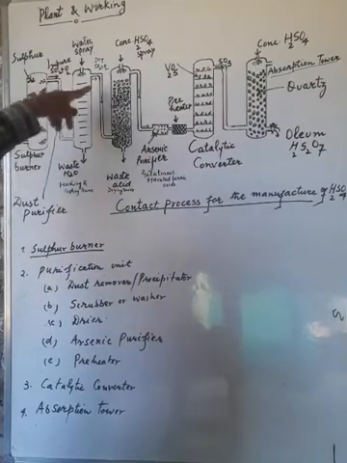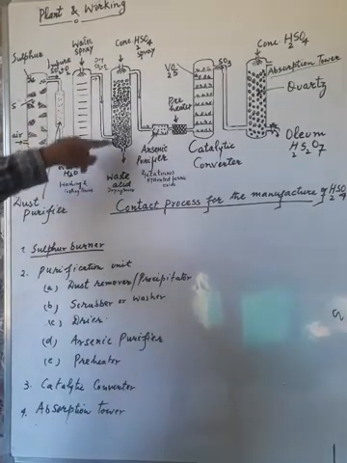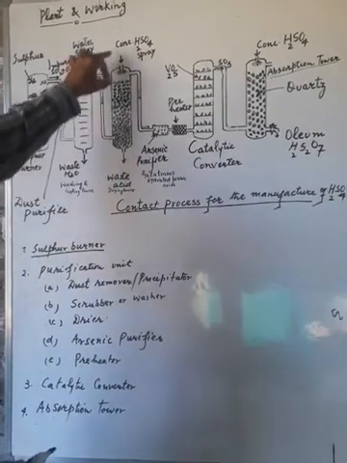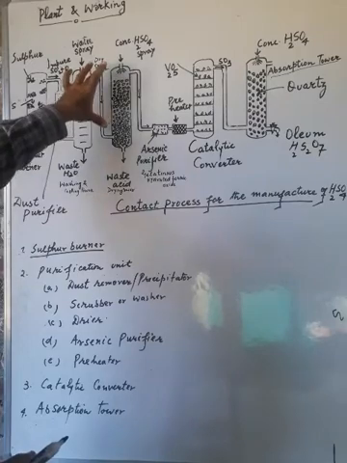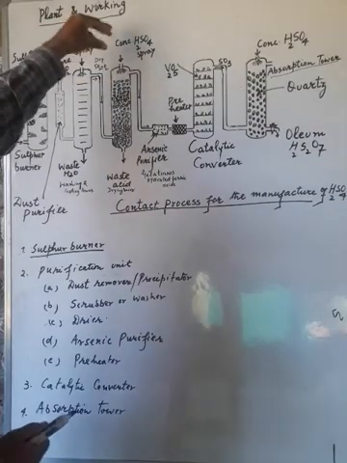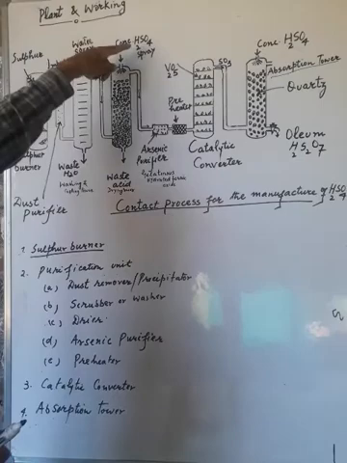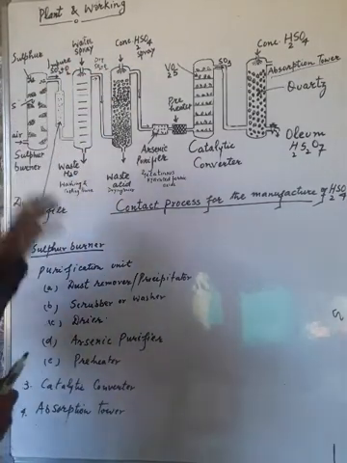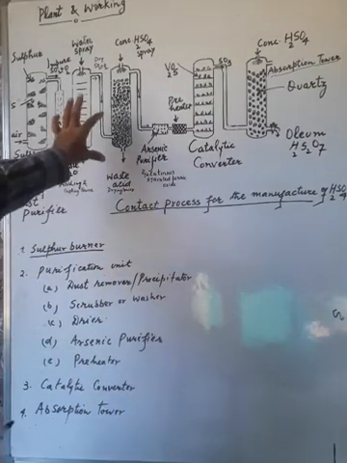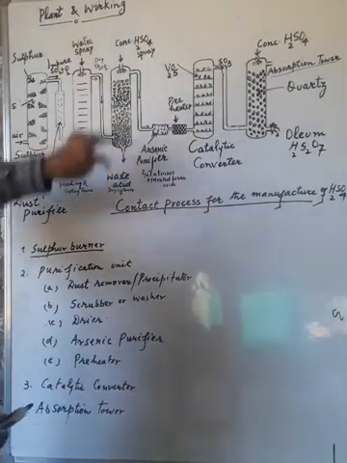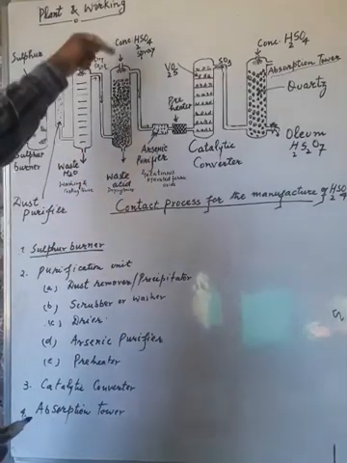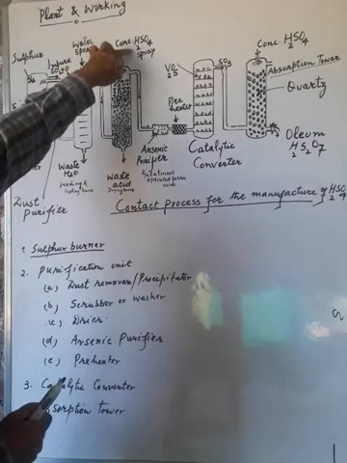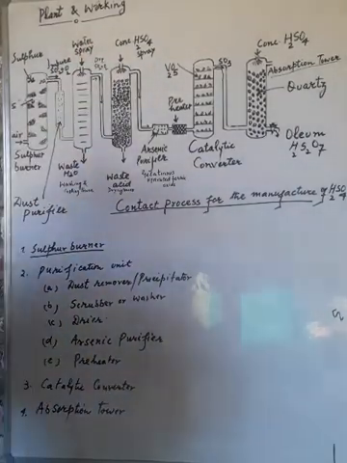Now this sulfur dioxide along with the oxygen is passed into another tower, called the drying tower, from the top of which we spray concentrated sulfuric acid so that the moisture present with the sulfur dioxide gets removed.